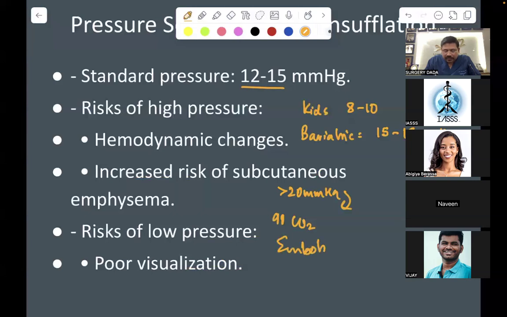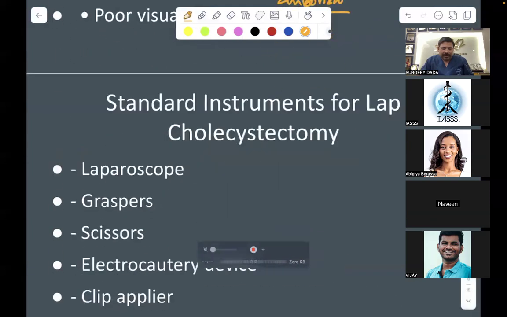This is very, very important. Now you will say, okay, I'll play safe, I'll go for a low pressure. But whenever there is low pressure, the abdomen is not very open, and you will always have the risk of being very close to the organs and you will damage them.